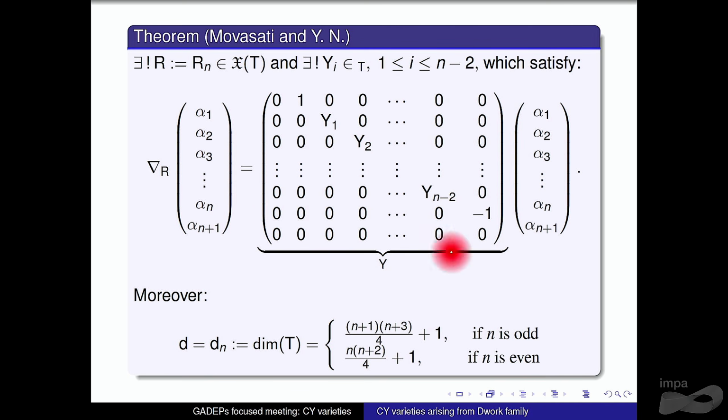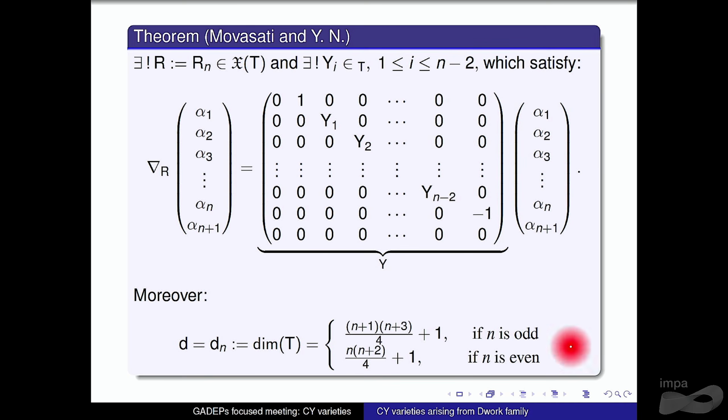And also we find the exact dimension of T. So the important part is here. And here we find the vector field over our modular space. So this vector field is giving the derivations that we were considering.